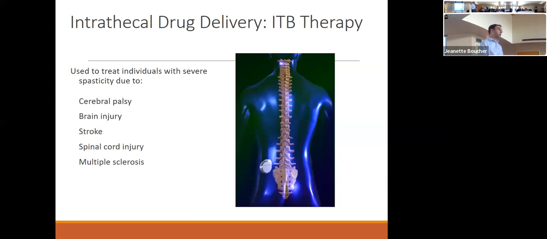Typically, what I'll say about the pump is that it's most effective for what we call diplegic hemiparesis. So basically, gravity doing its thing and taking its course, the medication is going to be more effective for tightness in the legs as opposed to the arms.